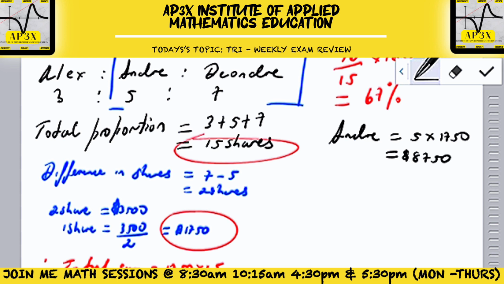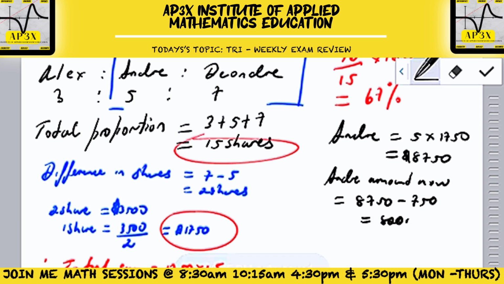Now, according to the question, Andre gave Alex 750 from his money. So after giving away 750, Andre's amount is now equal to 8,750 take away 750, which leaves Andre with $8,000.